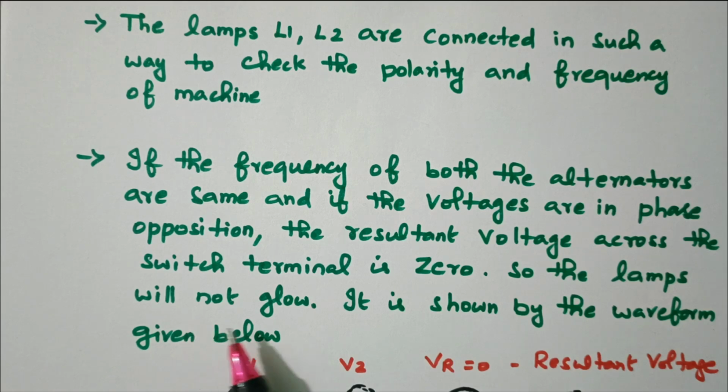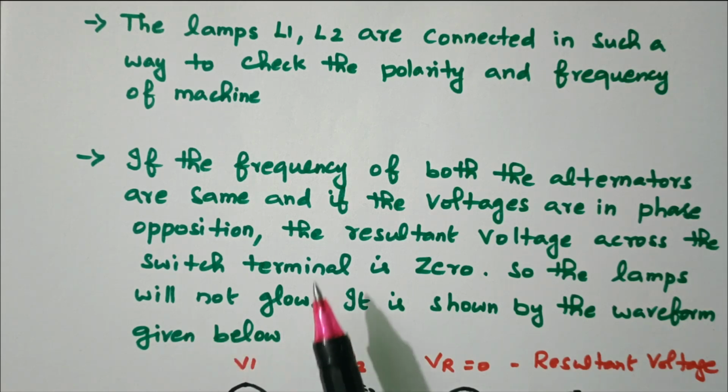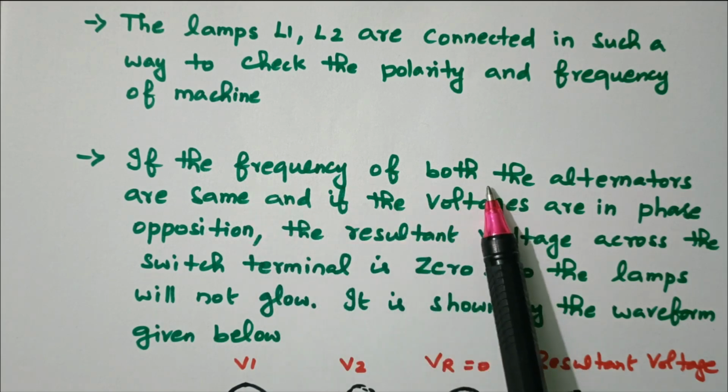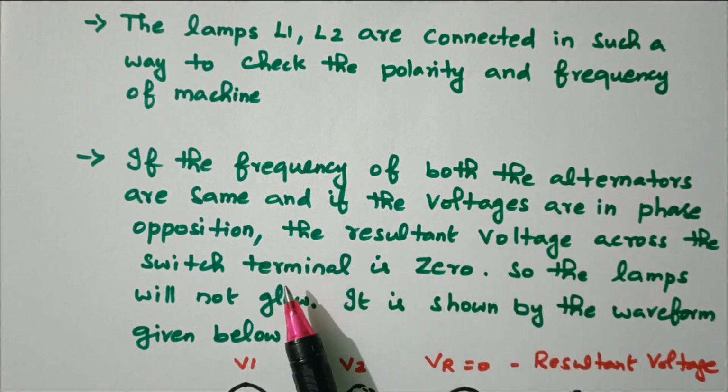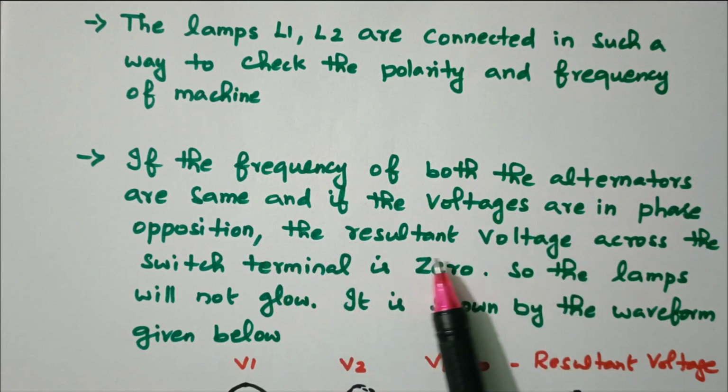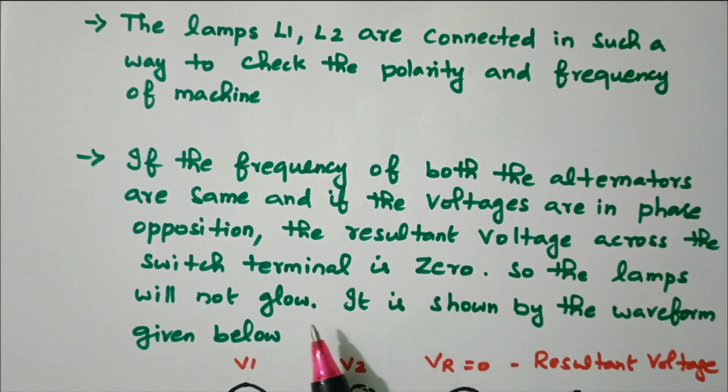So the lamp will not glow. This is shown by this waveform. So if the frequency of both alternators is the same and voltages are in phase opposition, the resultant voltage is 0, so the bulb will not glow.